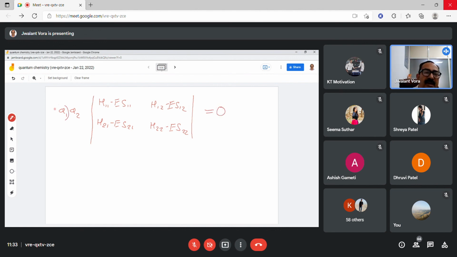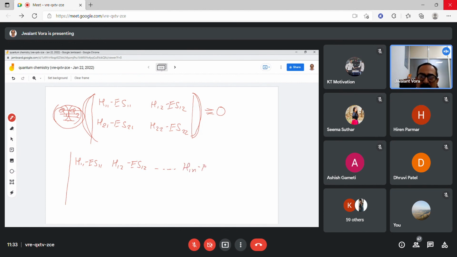Now A1 and A2, see, three brackets are there, A1 into A2 into determinant. A1 and A2 values cannot be 0, otherwise the wave function will become equal to 0. Since A1 and A2 are not 0, this determinant must become equal to 0. For n number of atoms: H11 minus ES11, H12 minus ES12, H1n minus ES1n, similarly H21 minus ES21, H22 minus ES22.